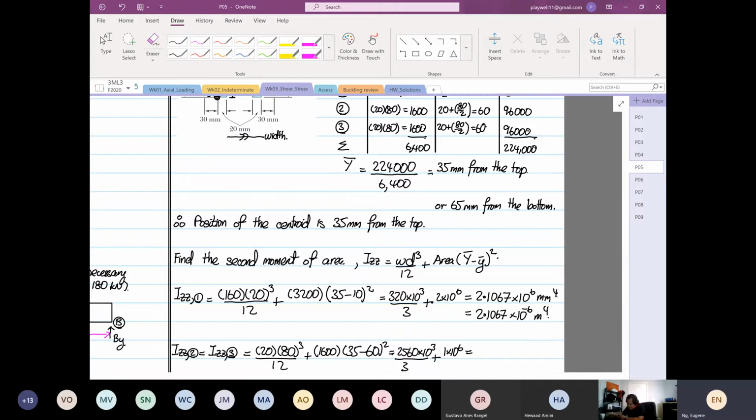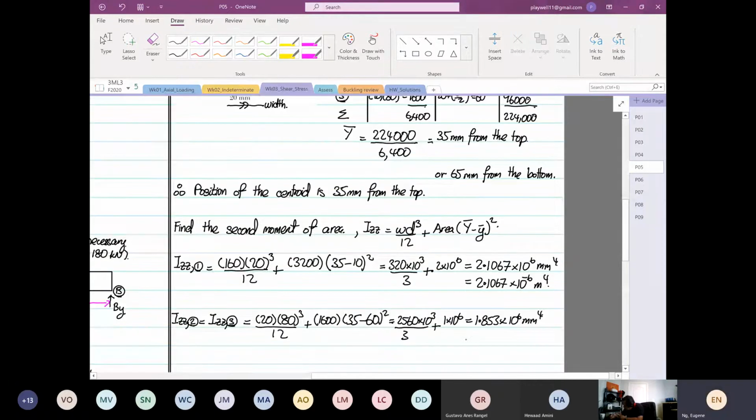So it's equal to 1.853 times 10 to the power 6 millimeters 4, which is 1.8533 times 10 to the power minus 6 meters 4.